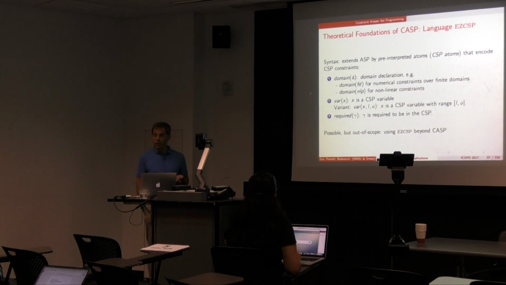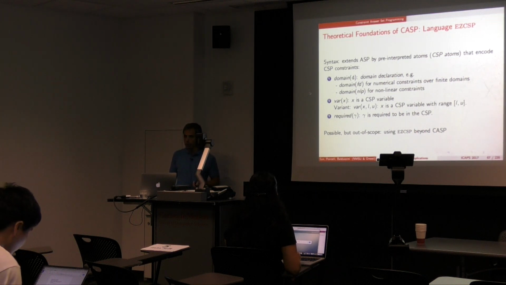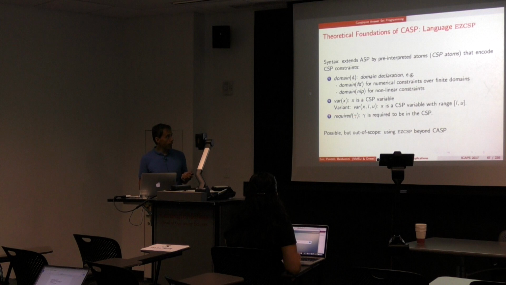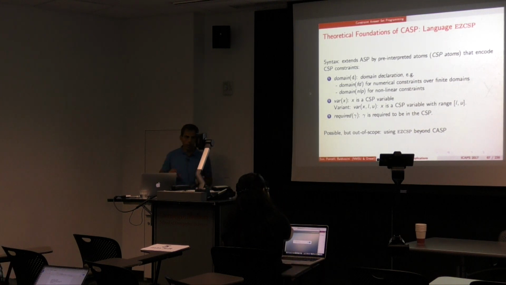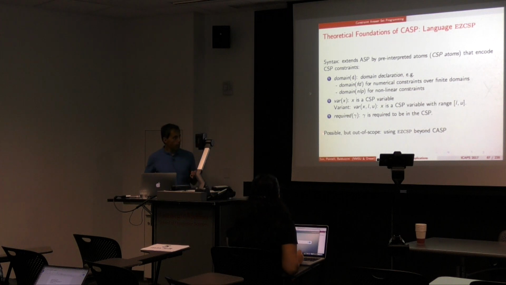And then, remember I said earlier that the list of variables was given just informally. So how do we give it formally? We have relation var. The argument of var is the name of a variable that we're declaring to be a numerical variable. And this variable, and that's where sometimes confusion arises, this is a CSP variable. It's not an ASP variable. In fact, it's not interpreted as an ASP variable.